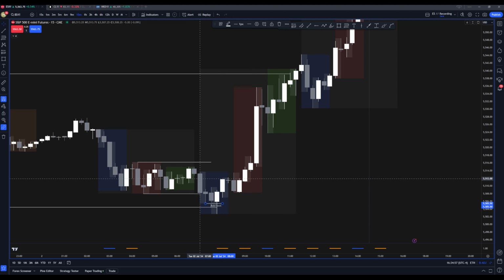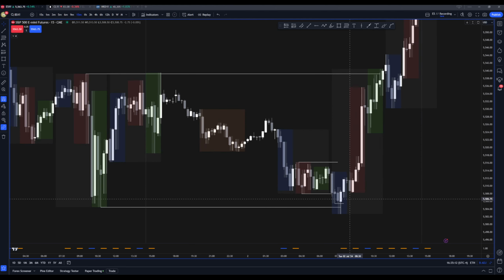Now, the way you look at this in terms of targets and what you want to look for, the rule of thumb is that when the low of this cycle gets taken, you want to see the high get attacked. Like this. We took out the low down here, we came back up and took out the high here.